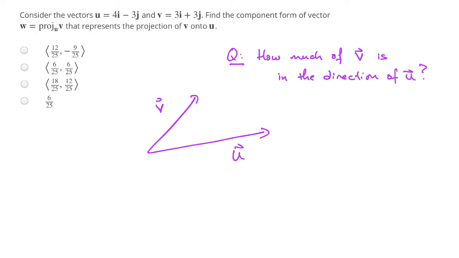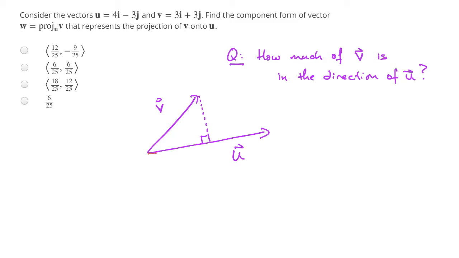If I draw a line that's perpendicular to the vector u, I can say, how much of v is really going to be in that direction?